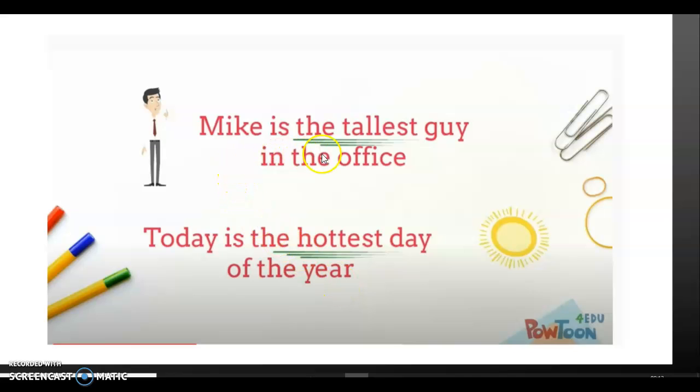So, Mike is the tallest guy in the office. The comparison is in a place. Today is the hottest day of the year. Here the comparison is related to a period of time.